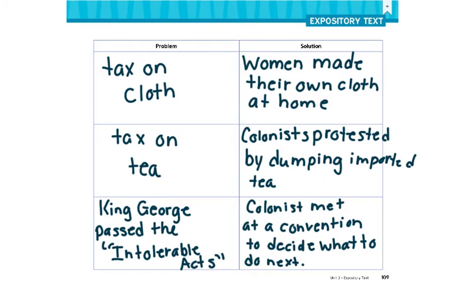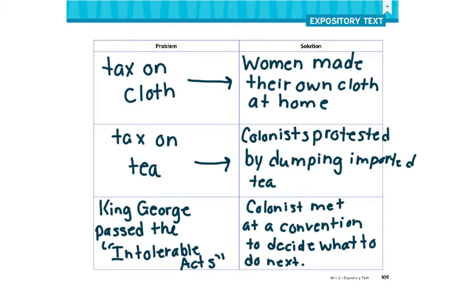So the first problem that I found was a tax on cloth that was implemented. The solution to this problem was that women made their own cloth at home so they wouldn't have to pay that tax on cloth. When that didn't work, they imposed a tax on tea. Now, as a result, the solution to that problem was that colonists protested this tax by dumping the imported tea into the harbor.